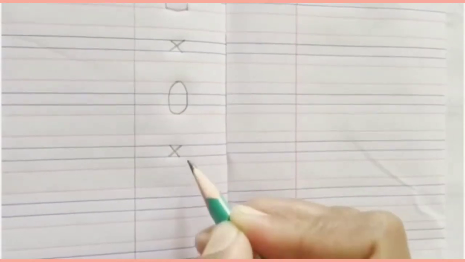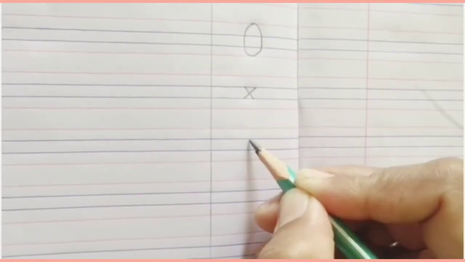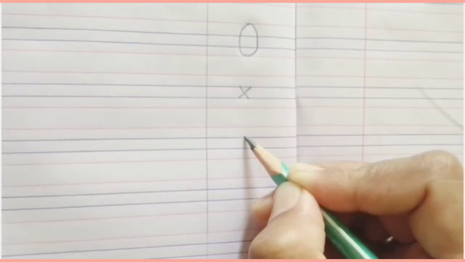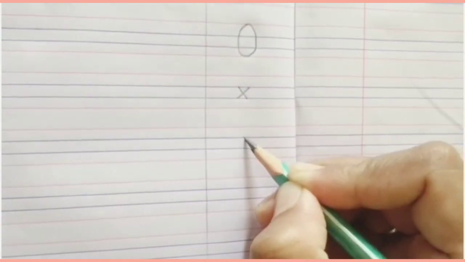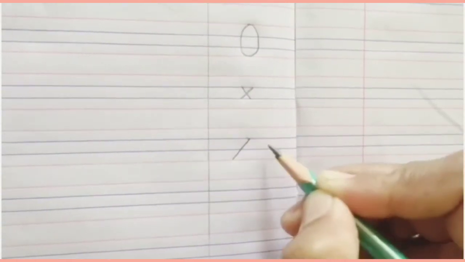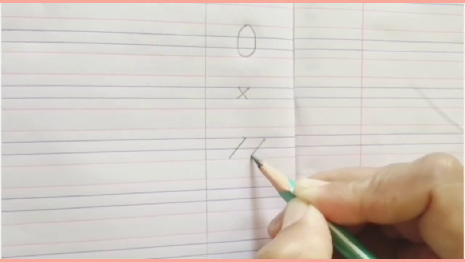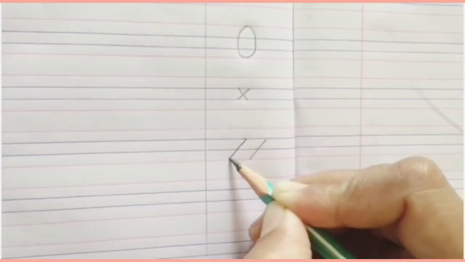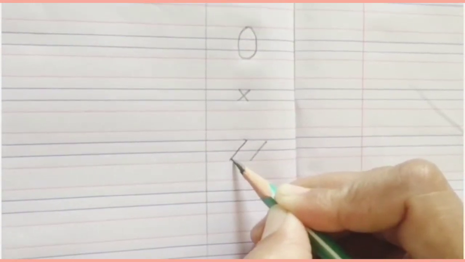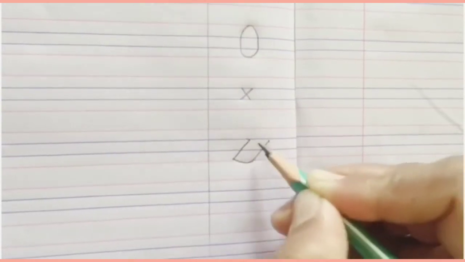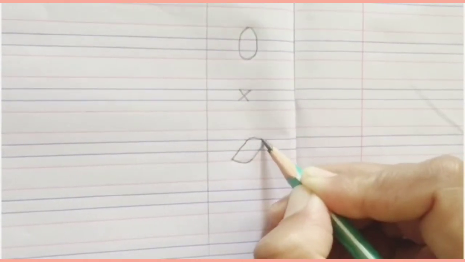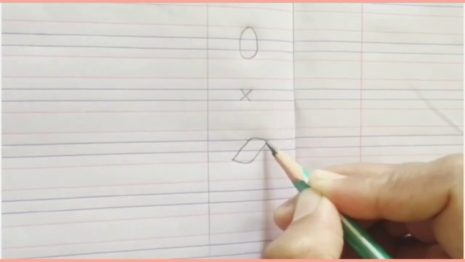In the third image, we will draw two slanting lines like this. Join the slanting lines from bottom and from top as well.